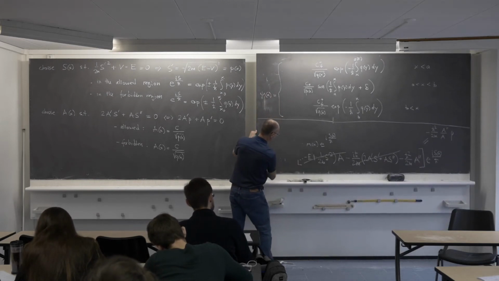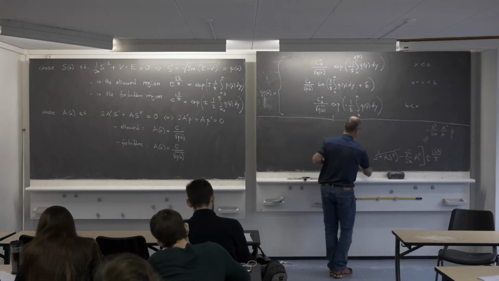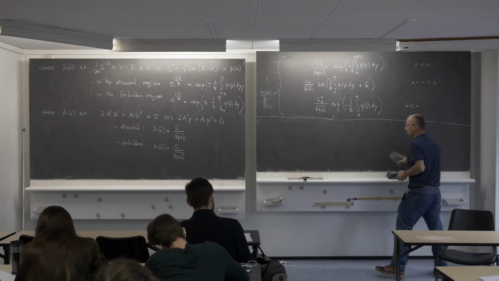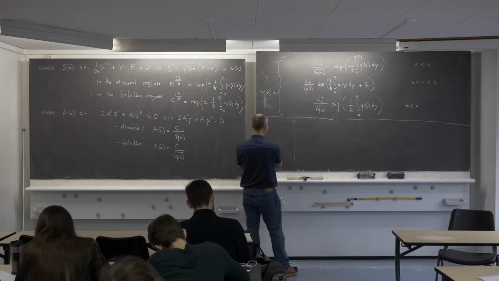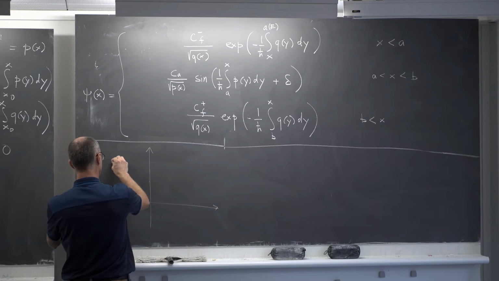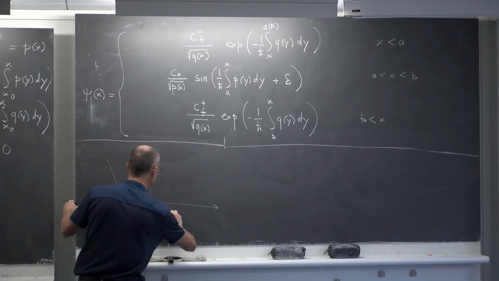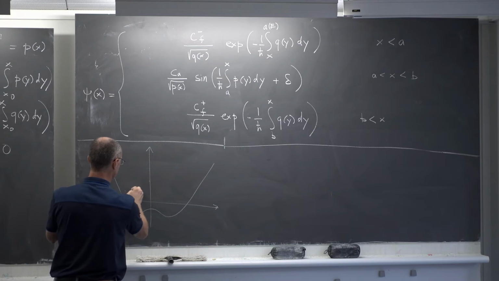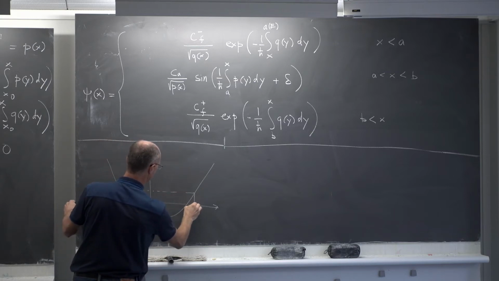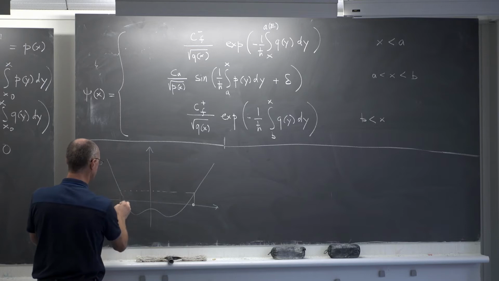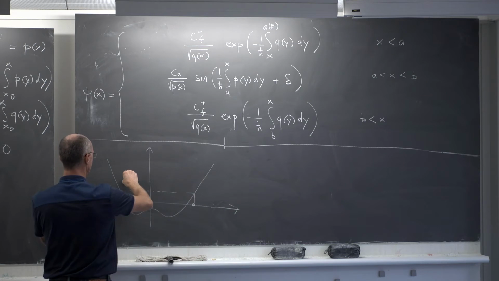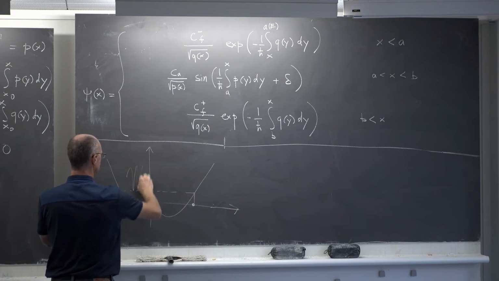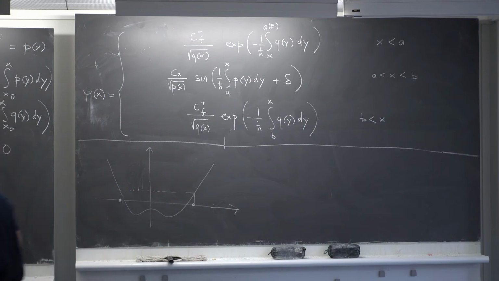So notice that roughly speaking, we imagine the following behavior. So that's, let's say, our potential. That's the energy level, right? That's the allowed region. Outside is the forbidden region, and we imagine the following behavior of the function psi.